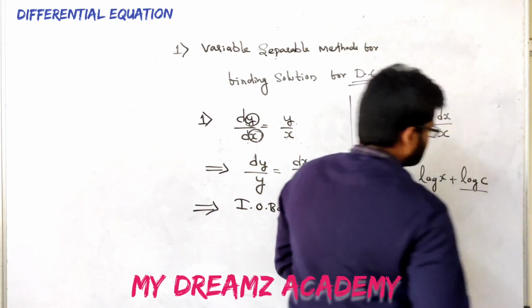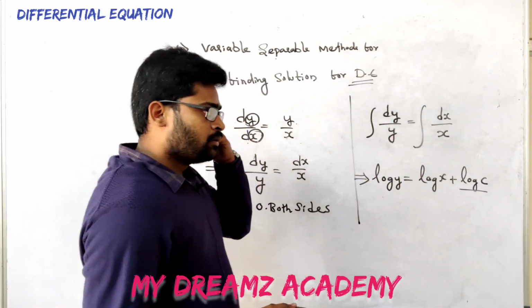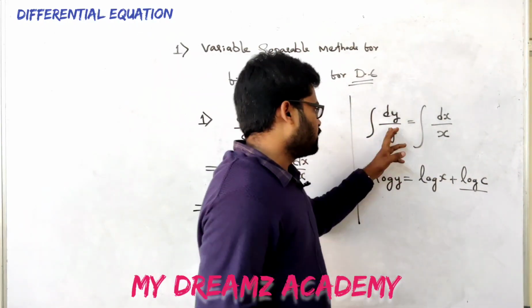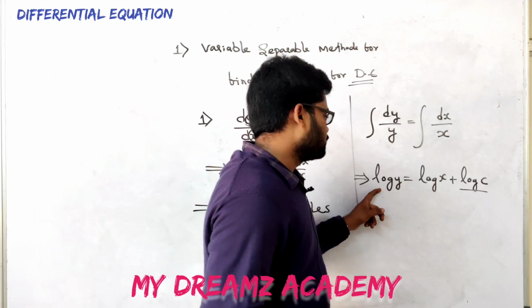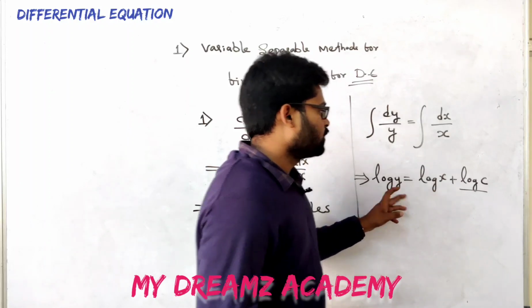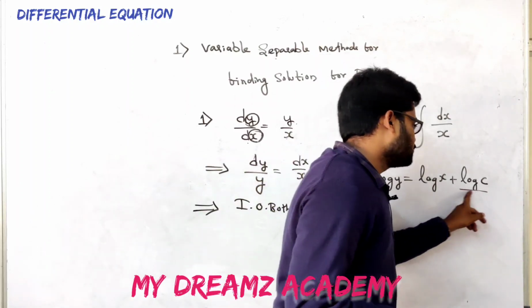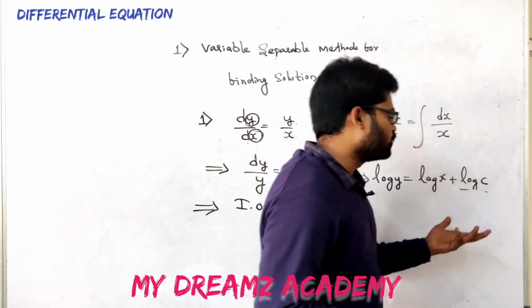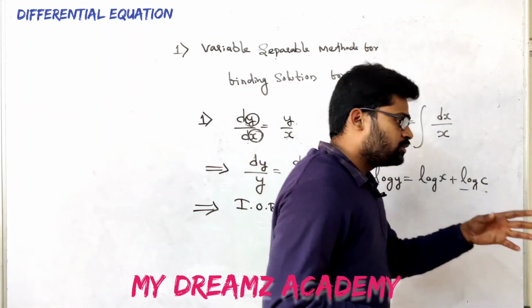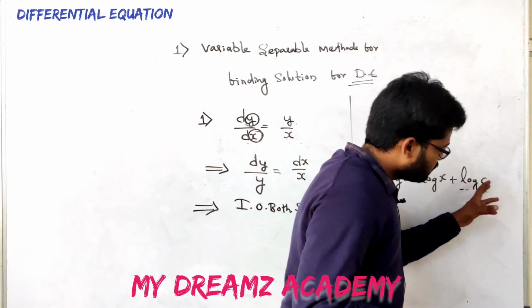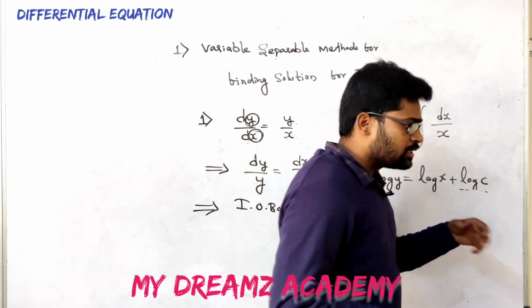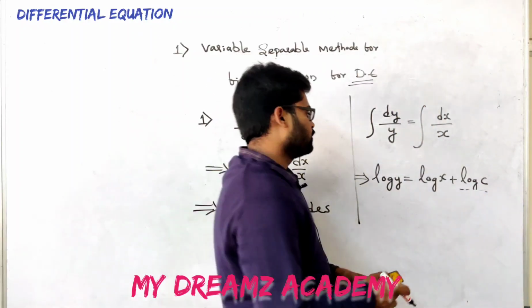Generally, this constant we directly write as c, but if the solution contains logarithms, we can write the constant as log c. Anyhow, log c is also a constant value.